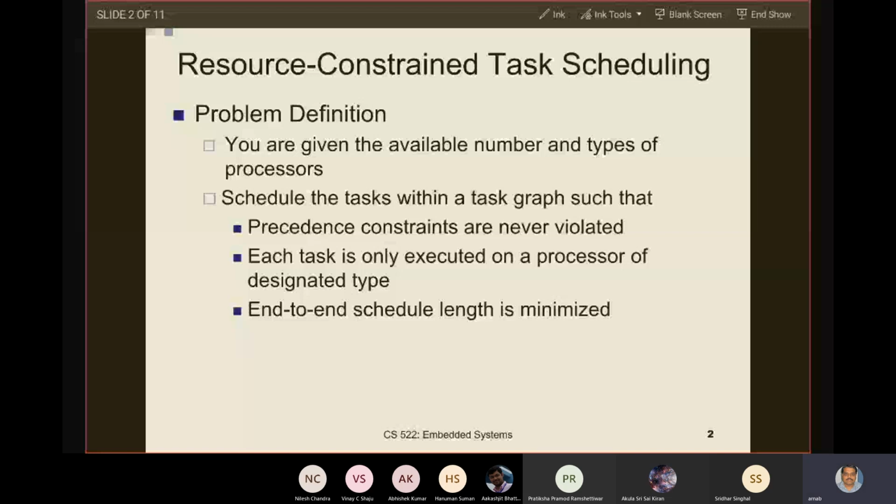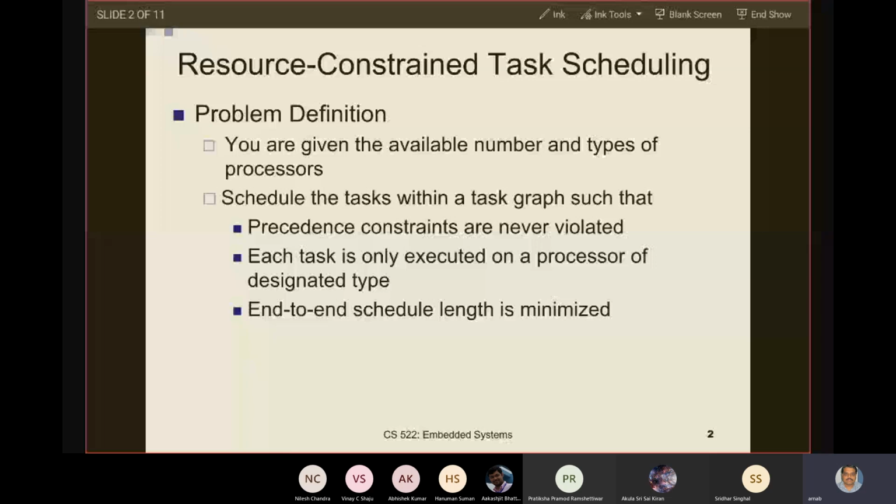Okay. So we were looking at the first task scheduling problem, and in this problem we were looking at resource constraint scheduling. It is called resource constraint because the number and types of processors are given to us, no more, no less.